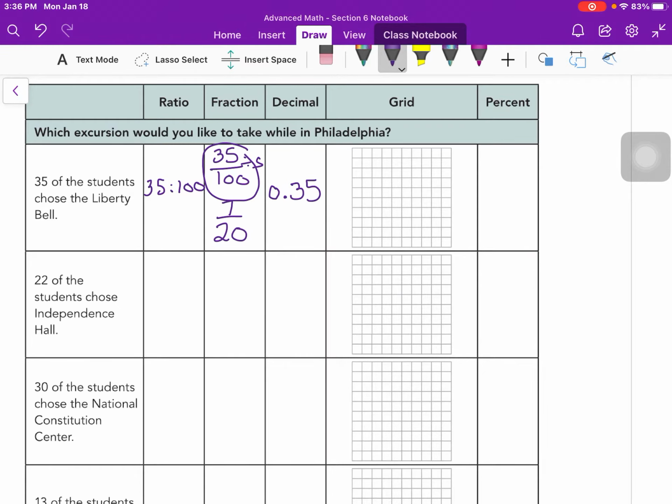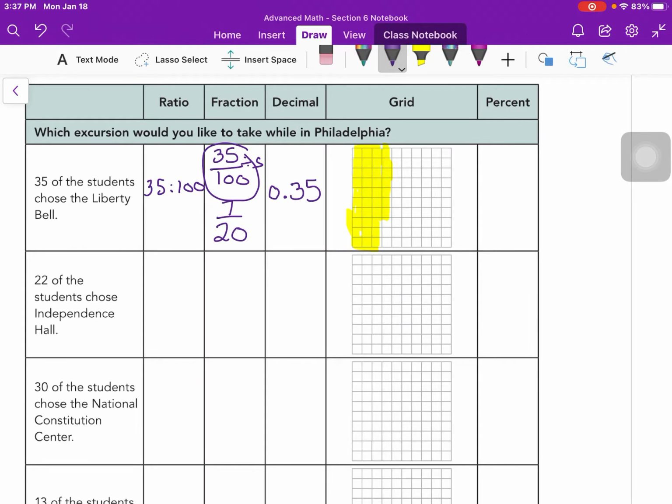I know there's 10 in one column, so 30 would be the first 3 columns, and then 5 more: 1, 2, 3, 4, 5. All right. Go ahead and do all of those for me, please. You can leave the percents right now, pause the video, and fill this in for the rest of the chart.